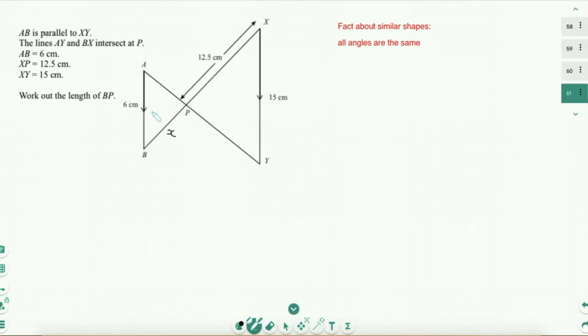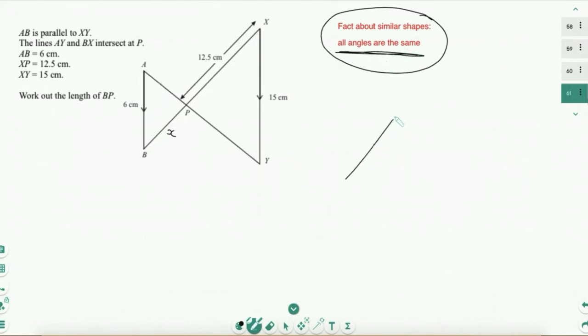Well, what you have to recognize is that perhaps these shapes are similar, and if we realize that they're similar, we can find the scale factor. But how can we prove that these shapes are similar? Because it doesn't tell us that the small triangle is similar to the big triangle. Well, you have to know one really important fact about similar shapes: all the angles are the same.